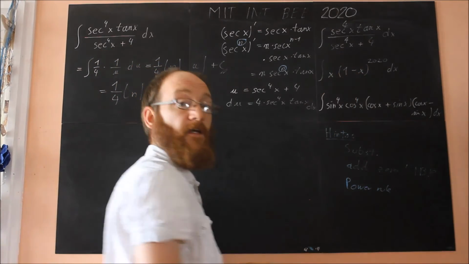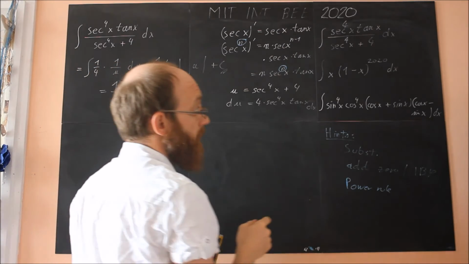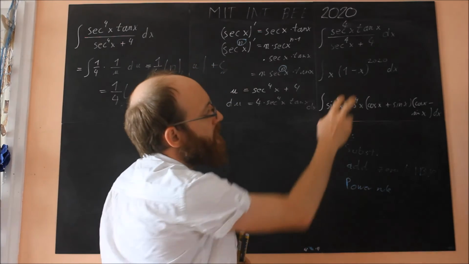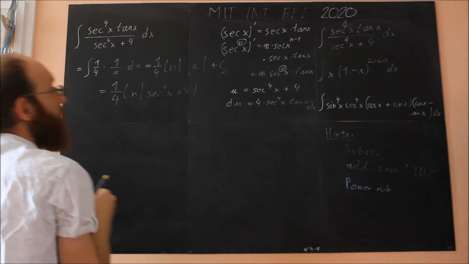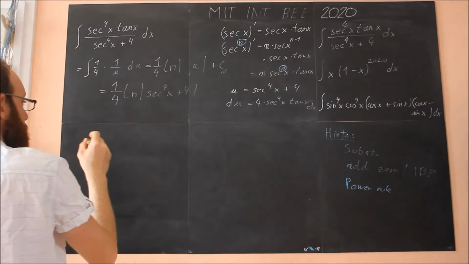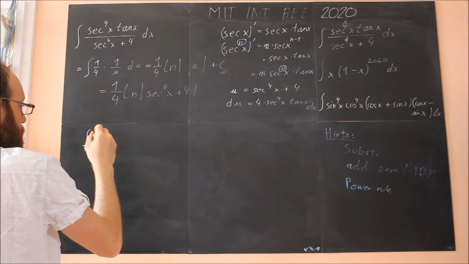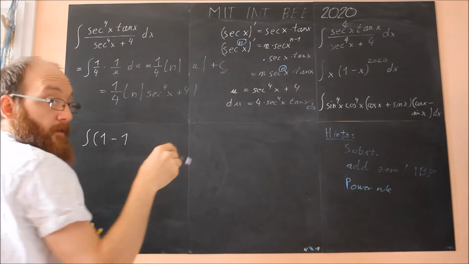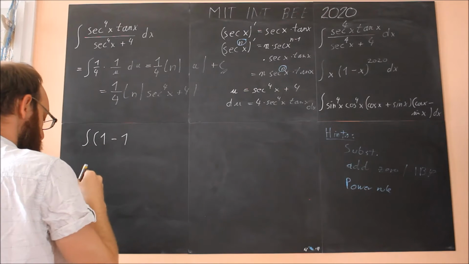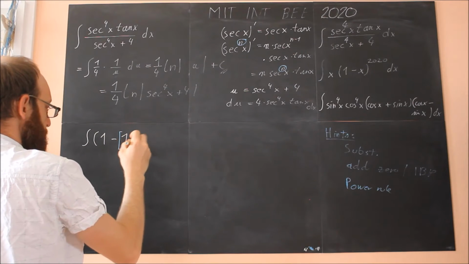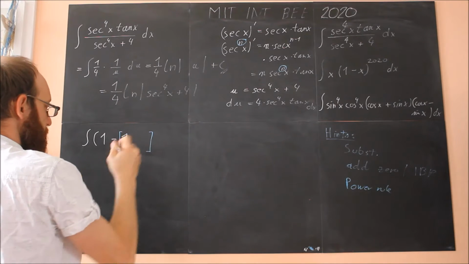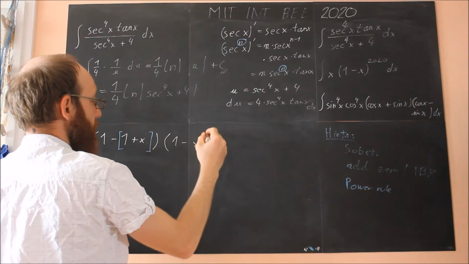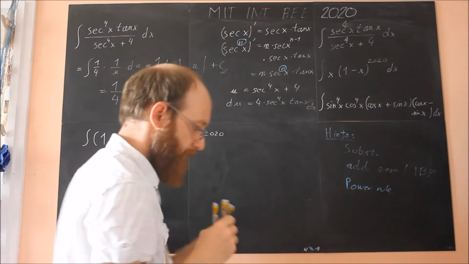Let's tackle the second one. Like I said, I would like to add a zero, and the motivation is this 1 minus x. This gives us a hint what we add, and we add 1 minus 1 plus x, and I put some brackets, so this becomes plus x times 1 minus x to the 2020th power.